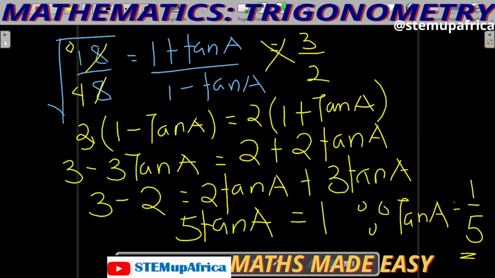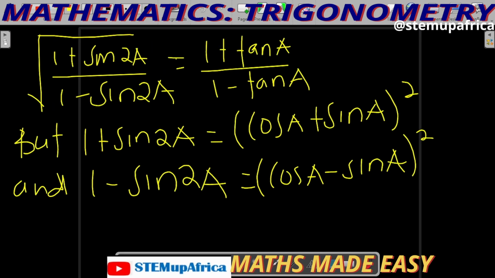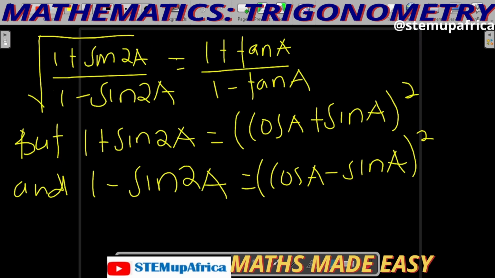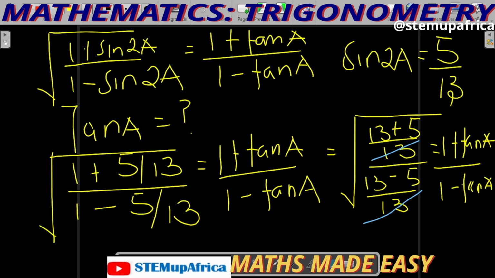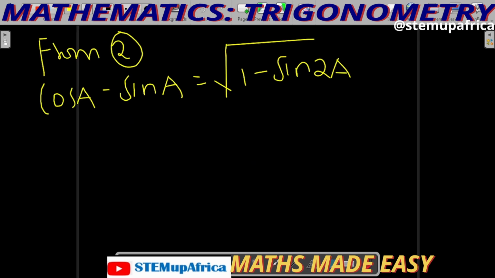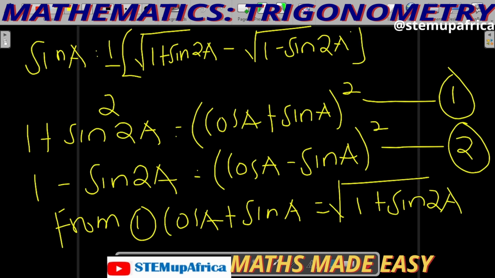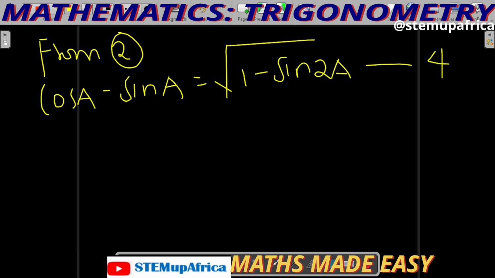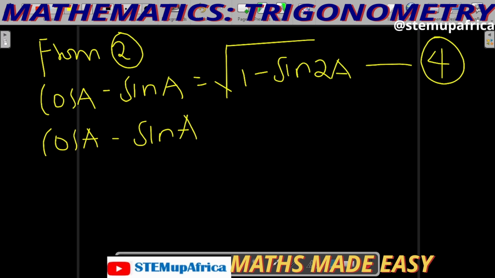So let's call this equation 3 and let's call this equation 4. So let me bring equation 3 to this page. We're having cos A plus sine A equals the square root of 1 plus sine 2A.